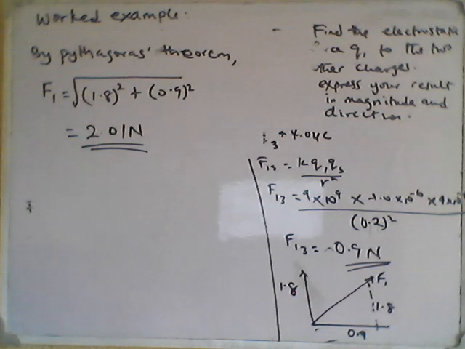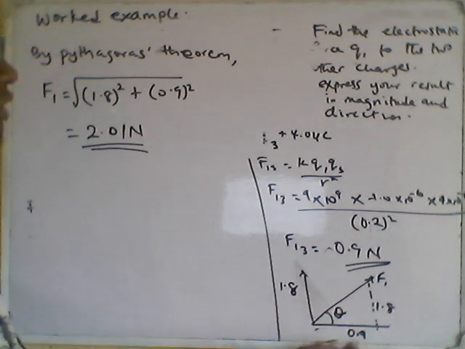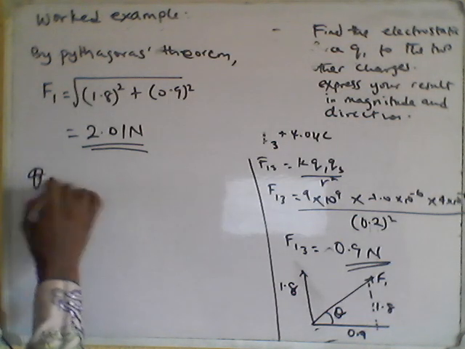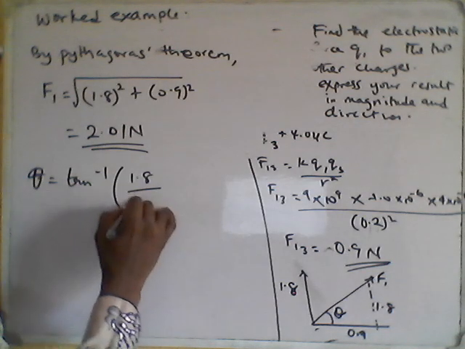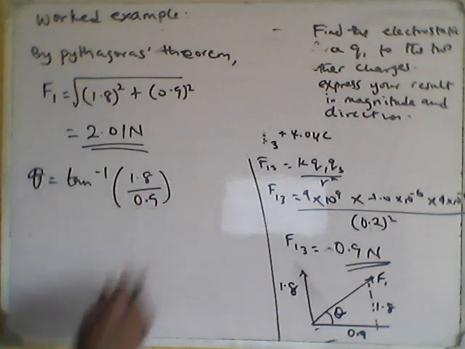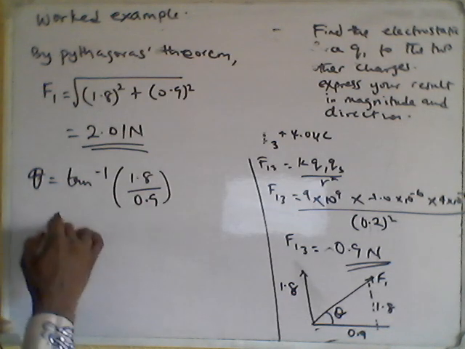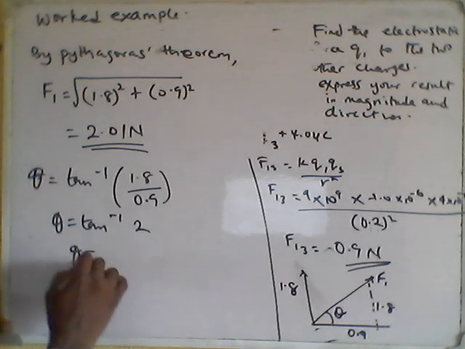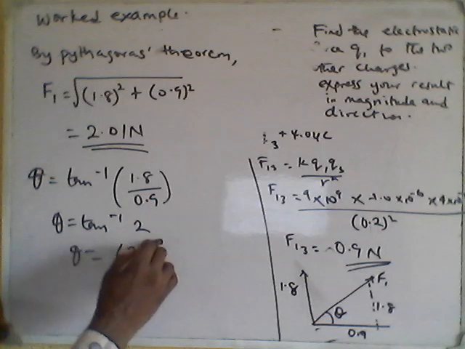You understand? But the angle it makes on this axis is actually tan inverse of this relationship. Therefore, the angle theta is equal to tan inverse of 1.8 over 0.9. 1.8 over 0.9, actually that is 2. Tan inverse of 2 will give us 63.5 degrees.